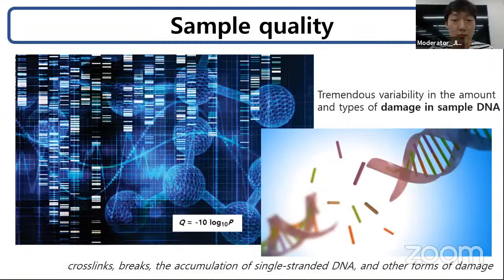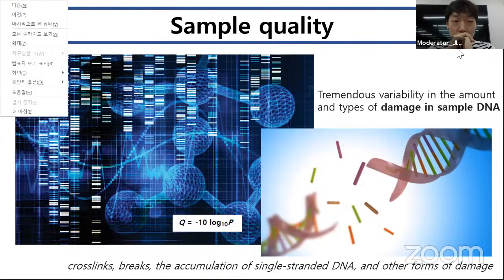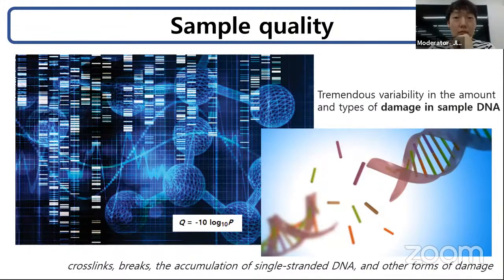First, sample quality. In NGS, samples of low or variable quality can corrupt downstream processes such as library preparation and ultimately confound analysis. Real-world samples often present much more of a challenge because extensive DNA damage can be caused.